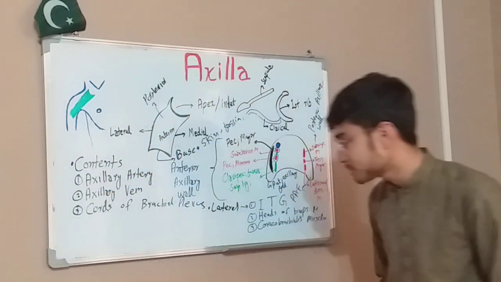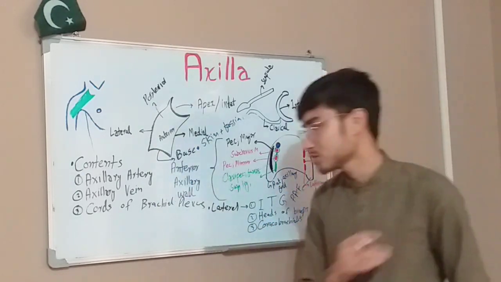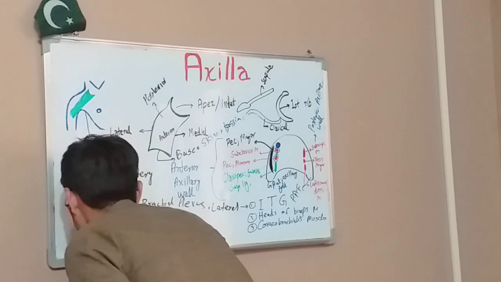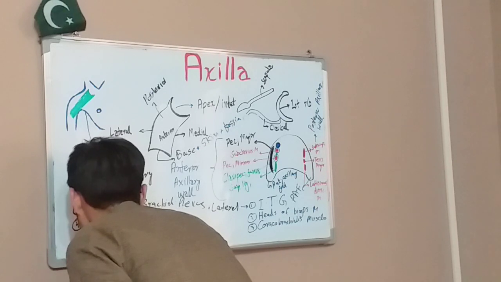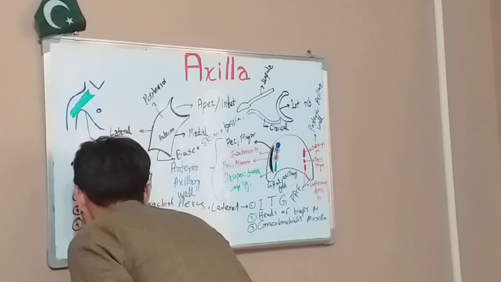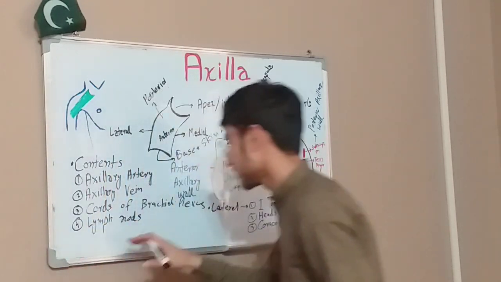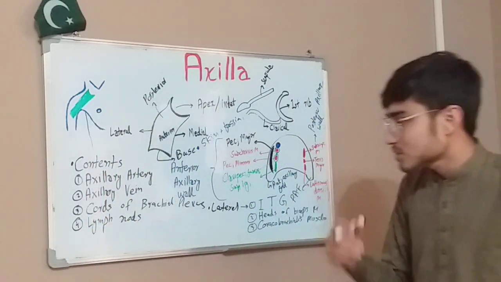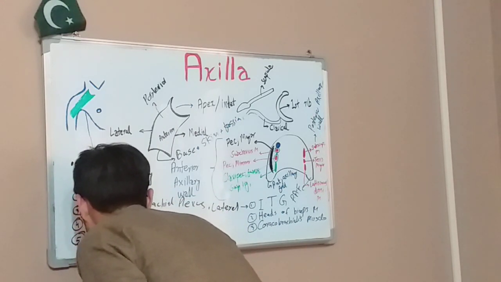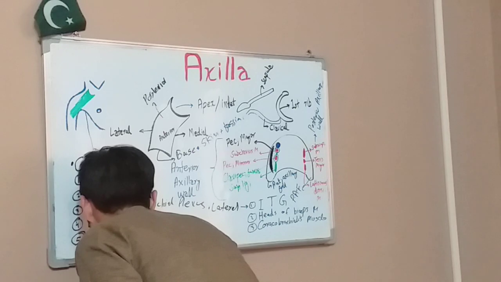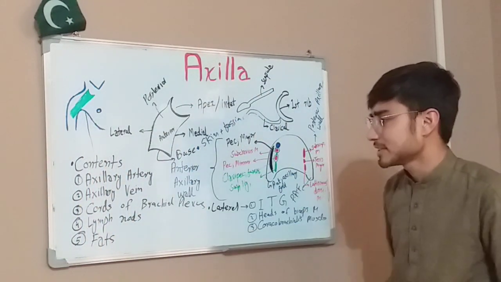Then we have the nodes, 5 groups of nodes, so the fourth content is the lymph nodes. And the last one we have is fats, right? So these are the 5 contents of the axilla.